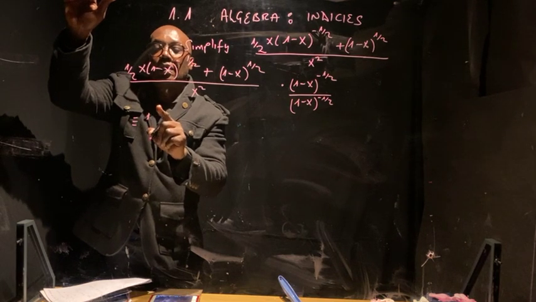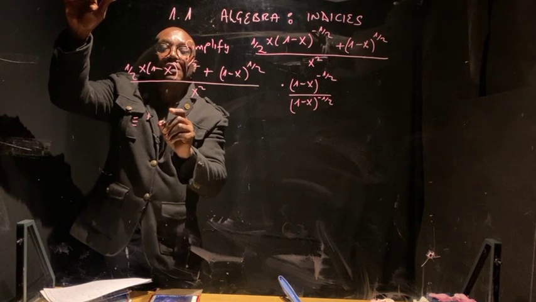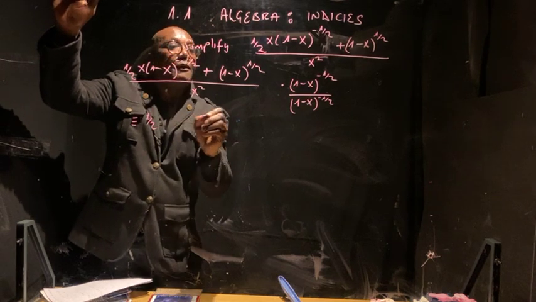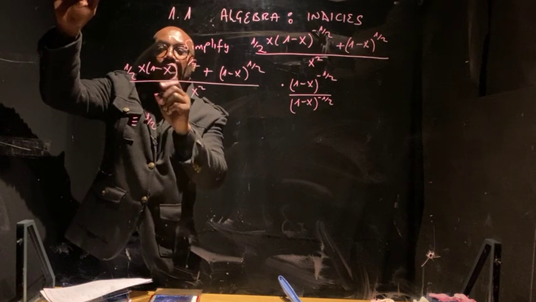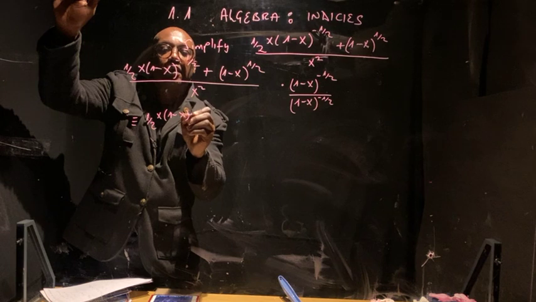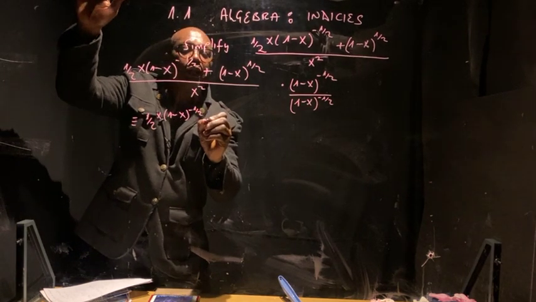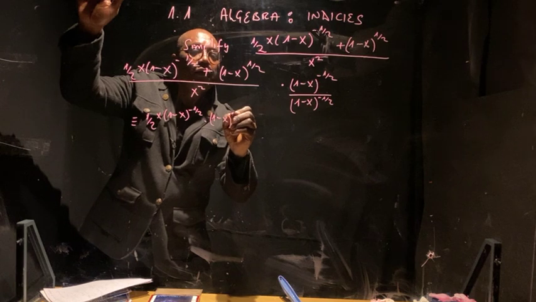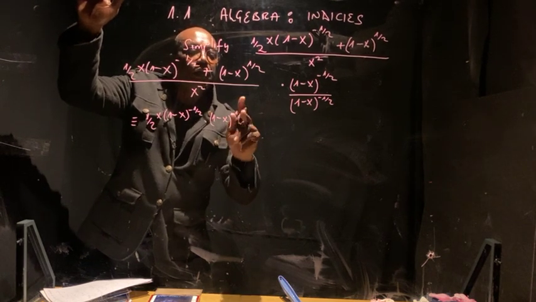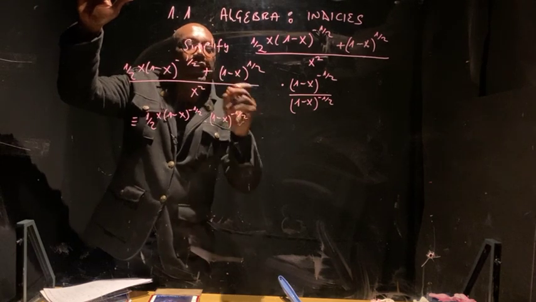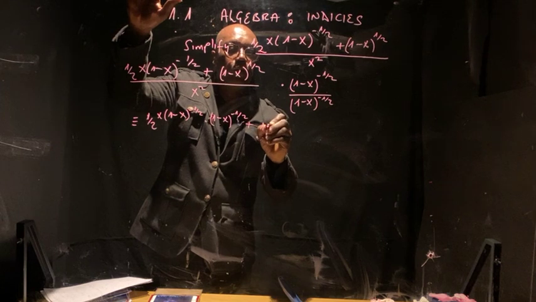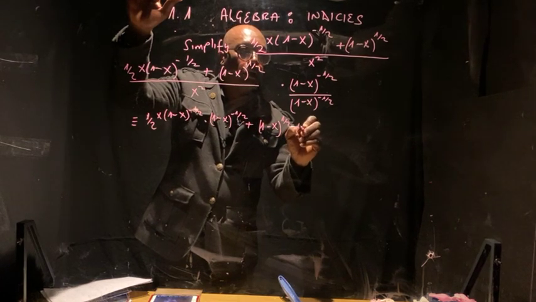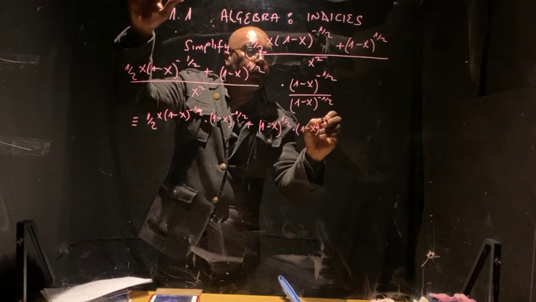Half x, 1 minus x raised to the power negative half, multiplied to 1 minus x raised to the power negative half, plus this term, 1 minus x raised to the power half, multiplied to 1 minus x raised to the power negative half.